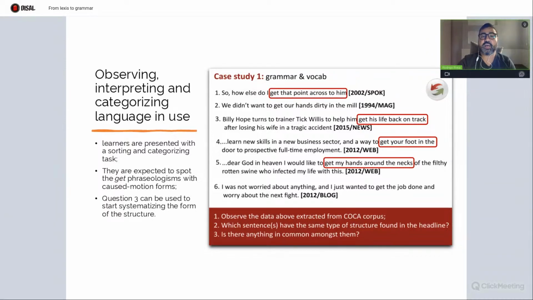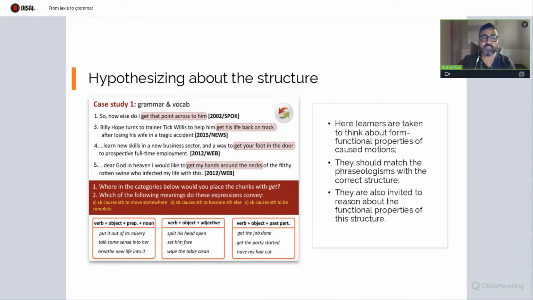So in this part, I started the systematization process with students after they were able to spot, and to start hypothesizing about the structure. This time with the highlighted parts, the highlighted phraseologisms, I asked a couple of questions so that I could work collaboratively with them.